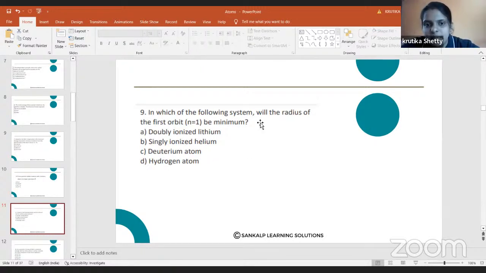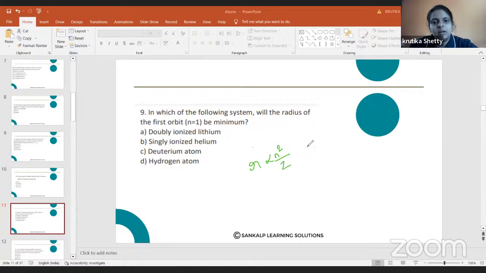What you should know here is that they are asking for the radius to be minimum. If you know the relation between radius and Z or n value, you can understand this. Some are giving option D, C, A, all answers are coming. So let us see the correct answer. Here the radius is directly proportional to n square upon Z.